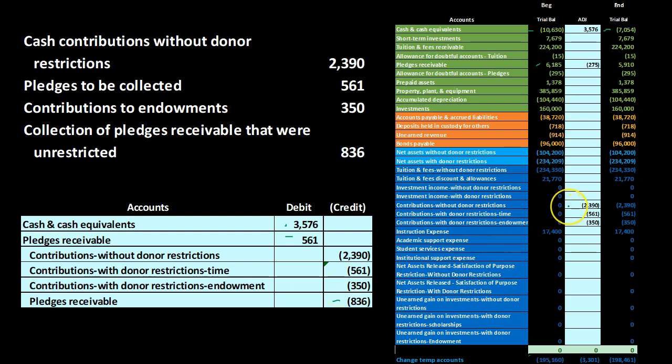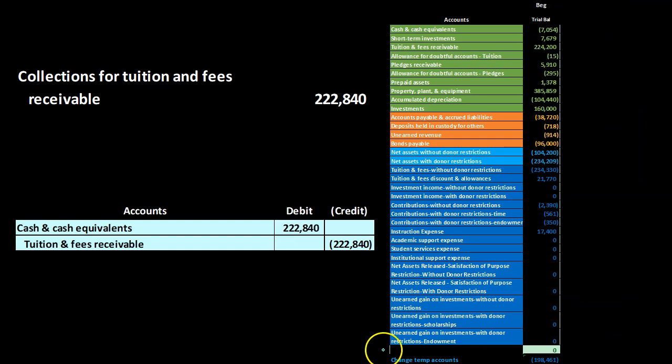Those all increasing revenue type of accounts. They're increasing them in accordance with whether they have restrictions and the type of restrictions that they have. That then increasing the change in the temporary type of accounts, kind of similar to the net income type of number.